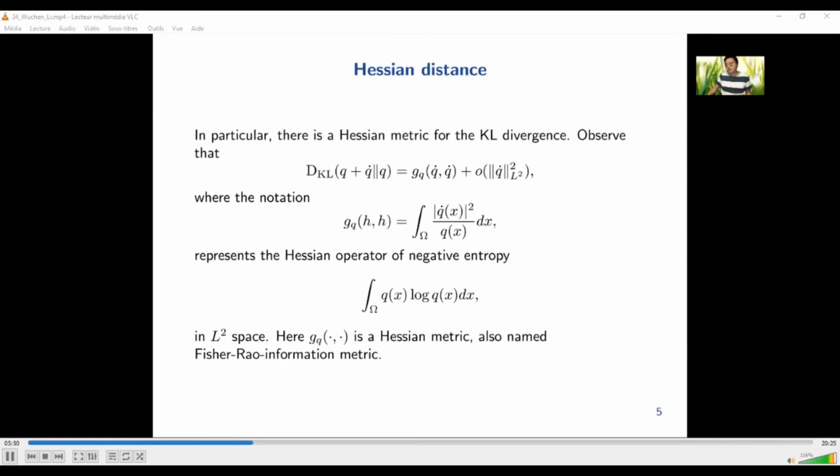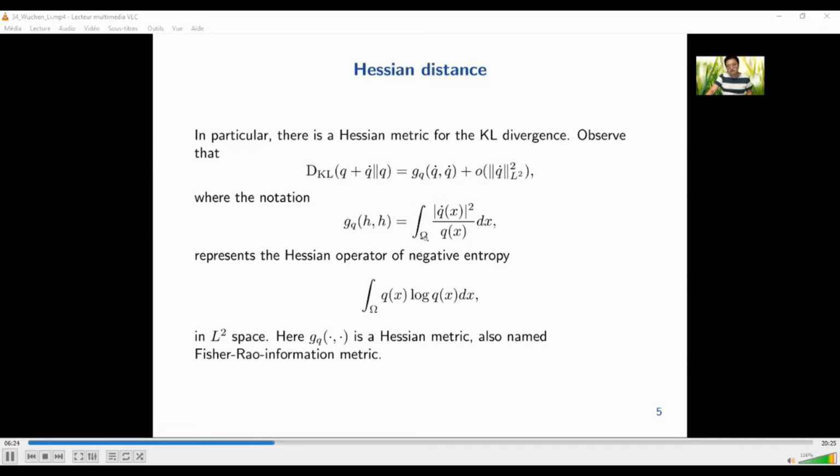Now let's look at what the Hessian metric is here. We do a very simple computation. We take a perturbation on Q, let's call it Q plus Q dot, where Q dot is just a tangent direction for Q, and do a Taylor expansion. The corresponding term of this expansion gives you g_Q of Q dot, Q dot.